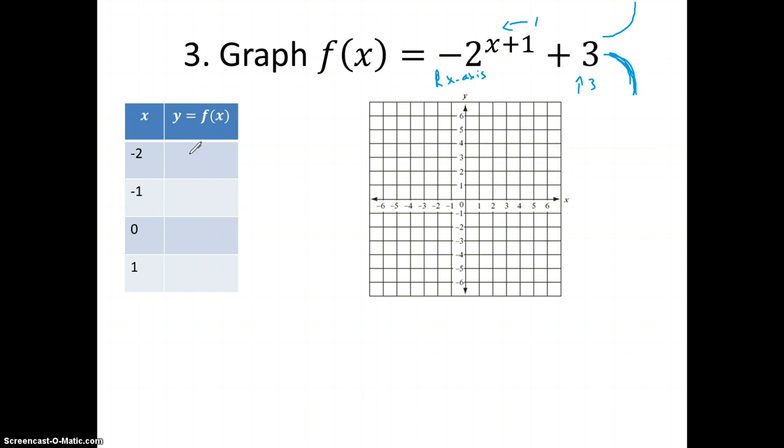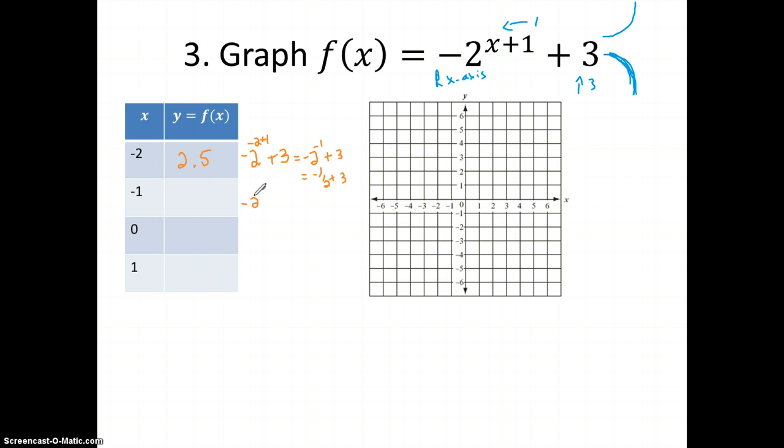So we're going to plug in -2. -2 plus 1 plus 3. And we're going to have -2 to the -1 plus 3, which is -1/2 plus 3, which is 2.5.